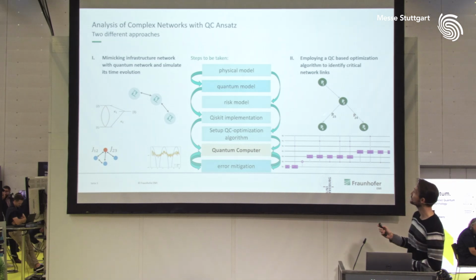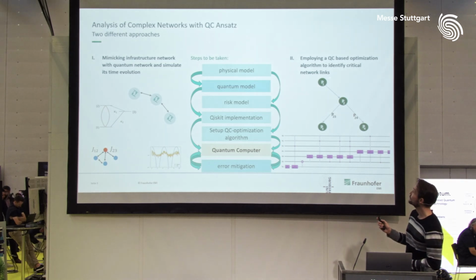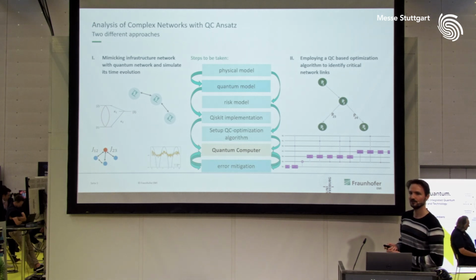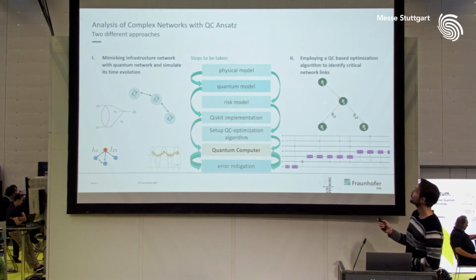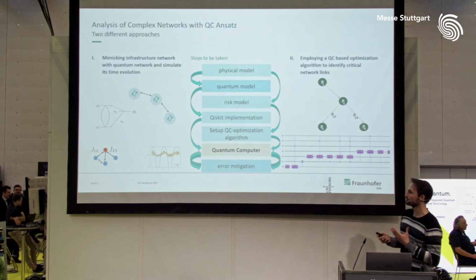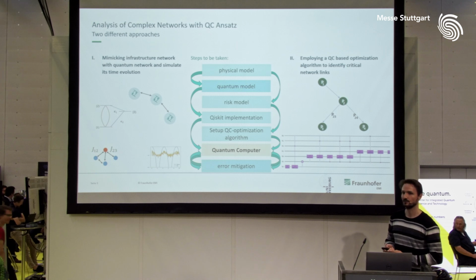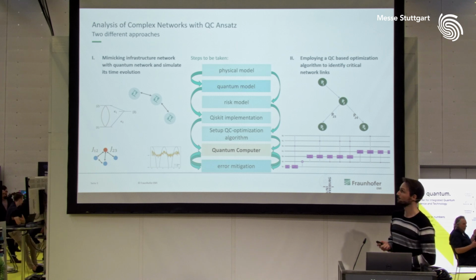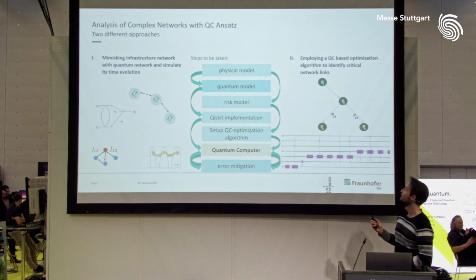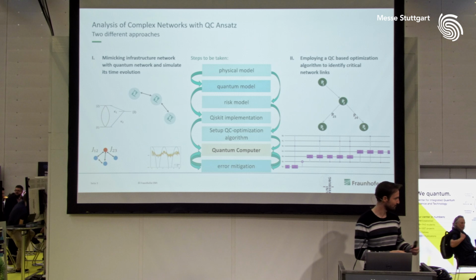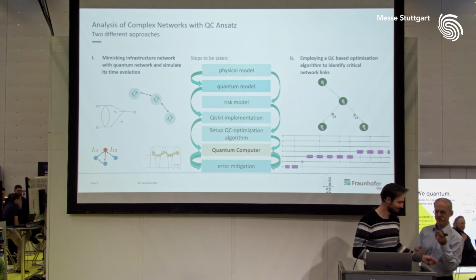And after that, I will talk about the second approach, which is a bit similar to what was presented just now in the talk before. We just map it to a risk model and then try to use well-known quantum computation algorithms to solve these problems. So, and with that, I hand over to my colleague.